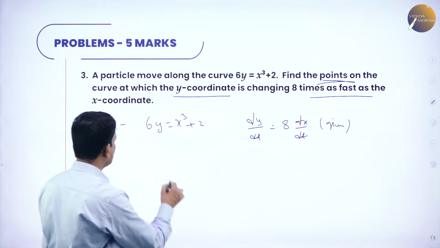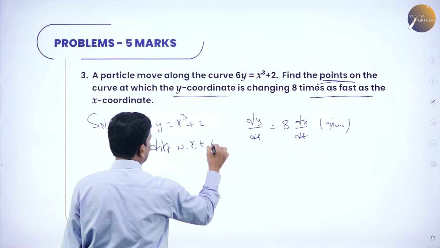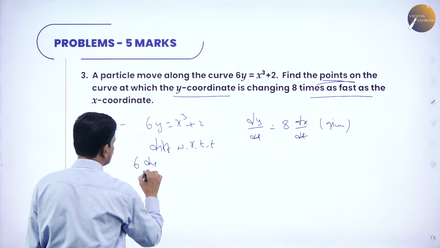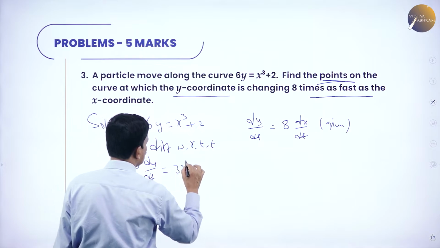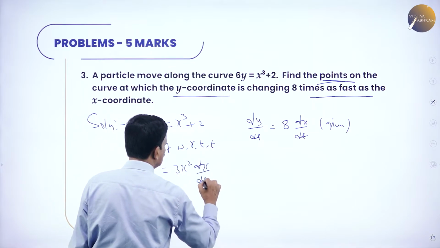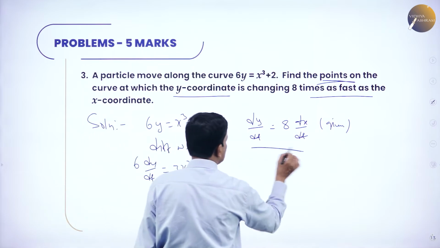Okay. Now differentiate this. Differentiating with respect to t, 6 into differentiation of y is dy by dt. Differentiation of x cube is 3x square dx by dt, plus 2 is a constant, so 0. Now substitute this value.